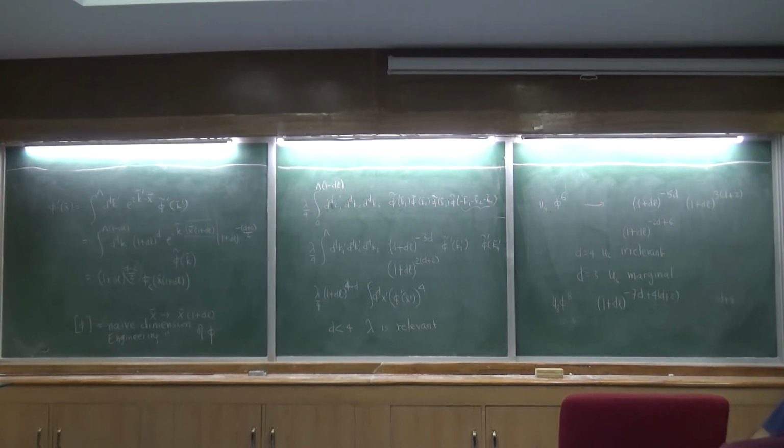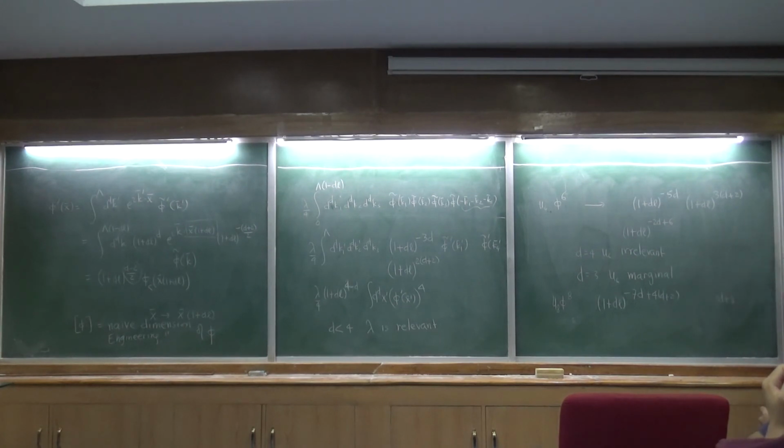Of course for d equals 4, this is minus 12 plus 8, less than 0, it shrinks, it's irrelevant. In fact, any higher power will also be irrelevant. For d equals 3, minus 9 plus 8, also negative, also shrinks. So all these guys, the dot dot dot, starting from u8, u10, u12, they're all irrelevant.